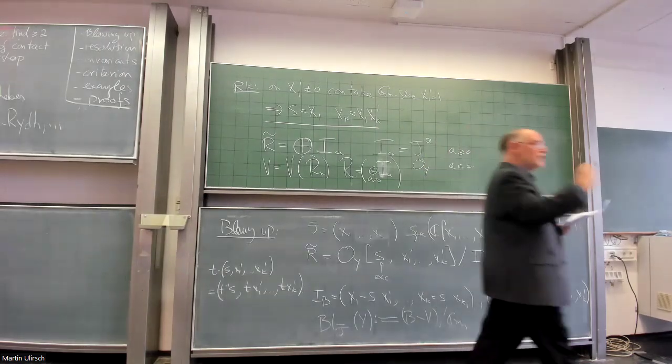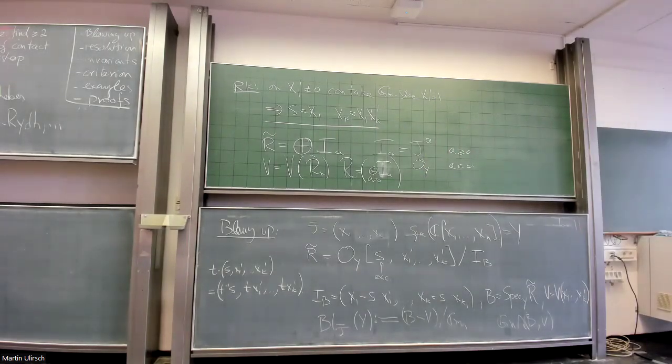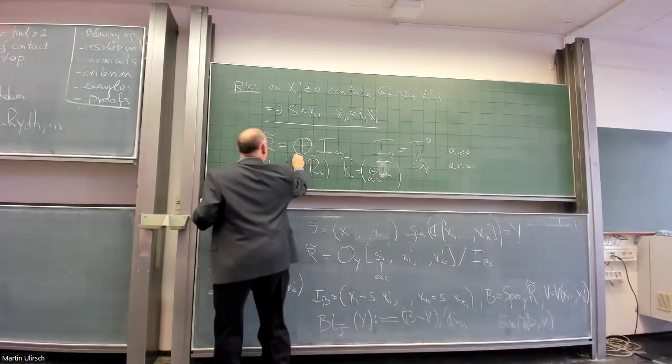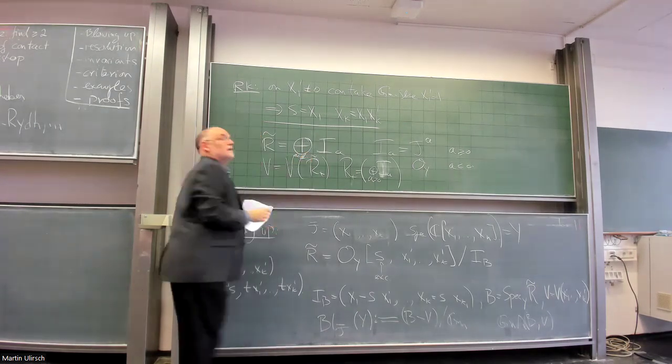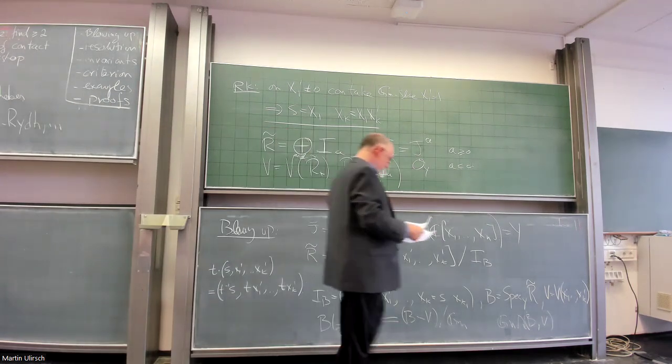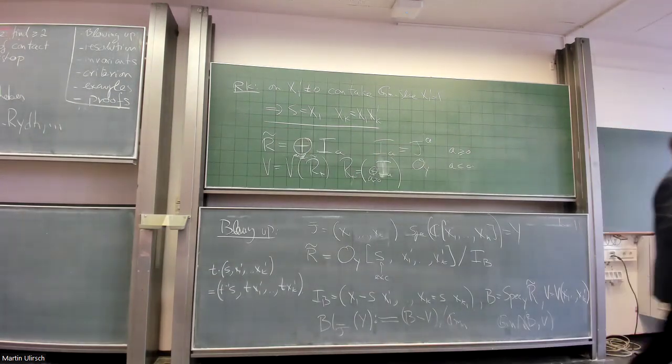And again, the G_m action just comes from the fact that this is naturally a graded algebra, where a is in Z. So this is naturally a graded algebra, so it comes with a G_m action. Okay, so that's the first thing I wanted to do.